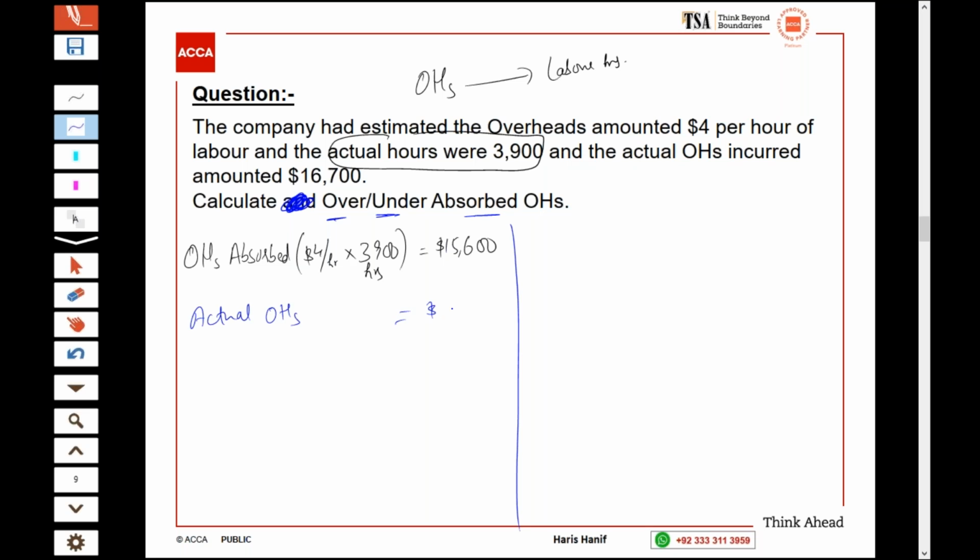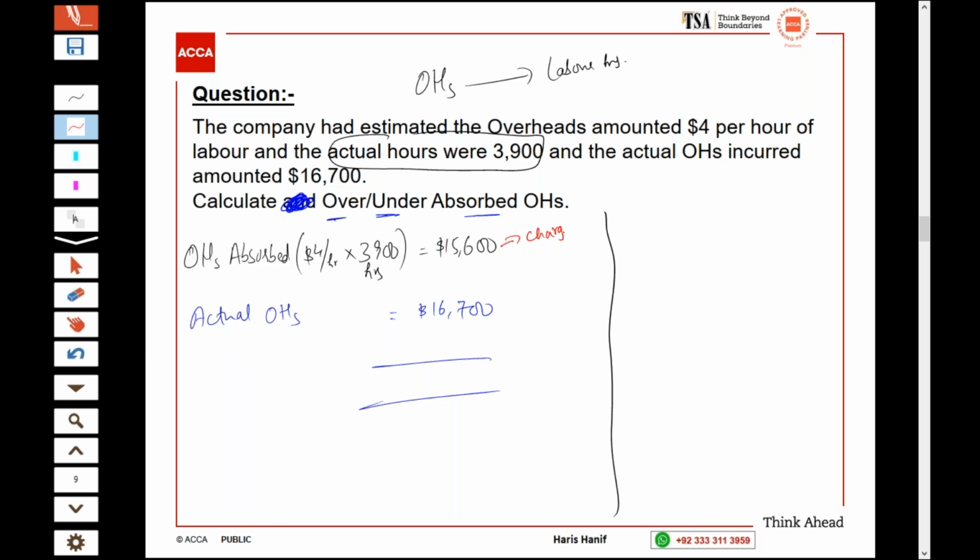And you had noticed the actual overheads, that was 16,700. Now see, this is something charged in COGS at start, and this is the result at end. Now in COGS you had charged less. There is a less balance in COGS as compared with the actual.